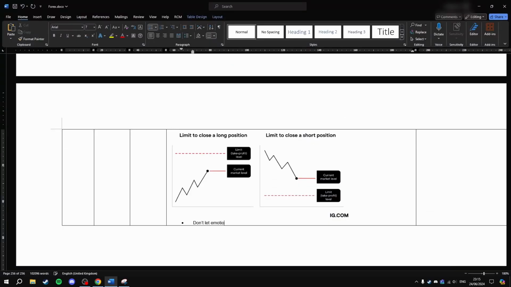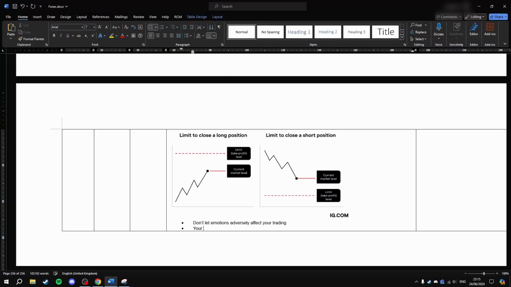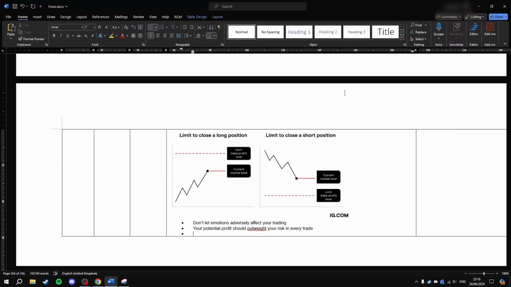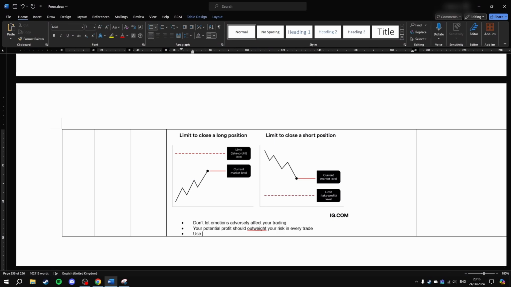You can use entry and closing orders to manage how you get in and out of trades.